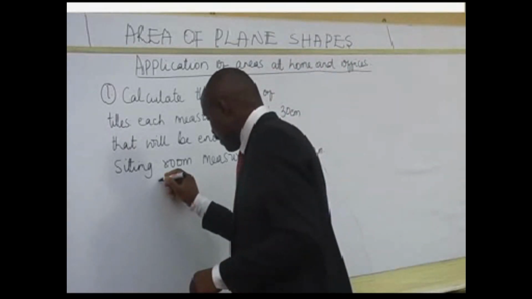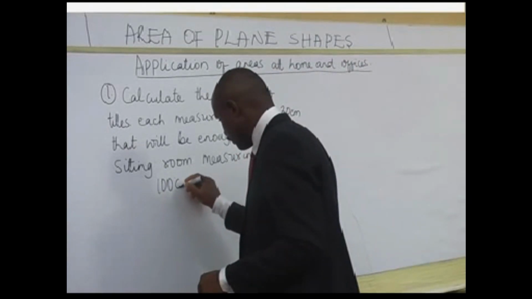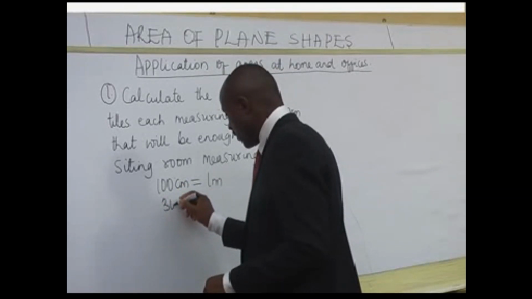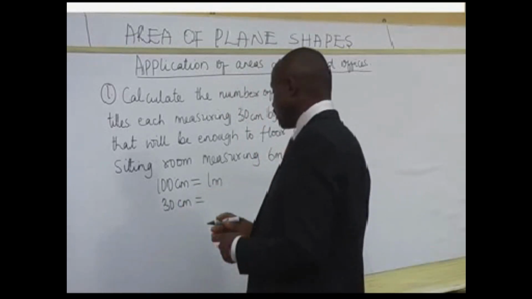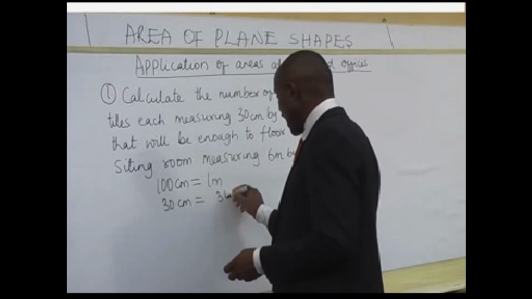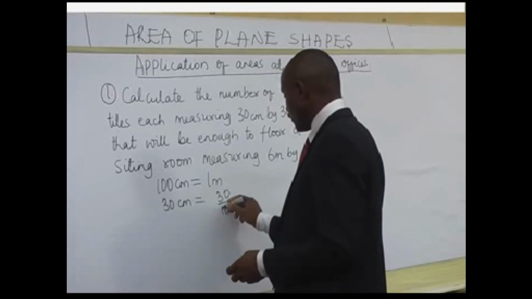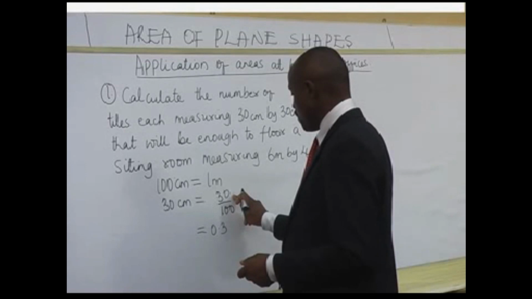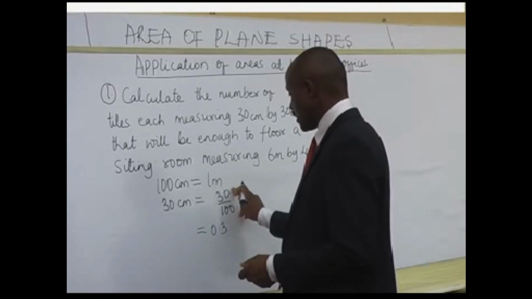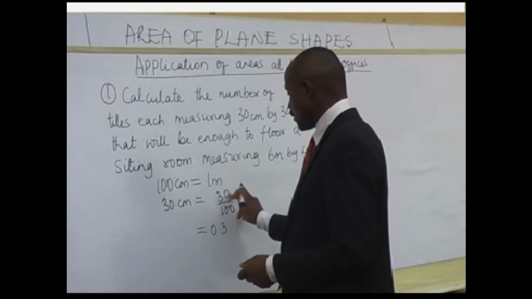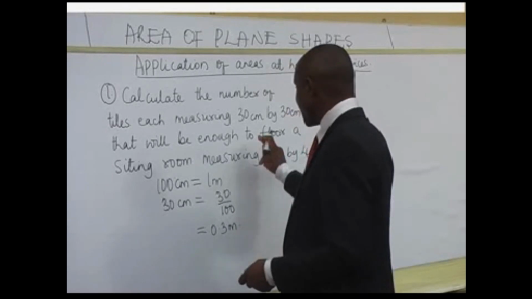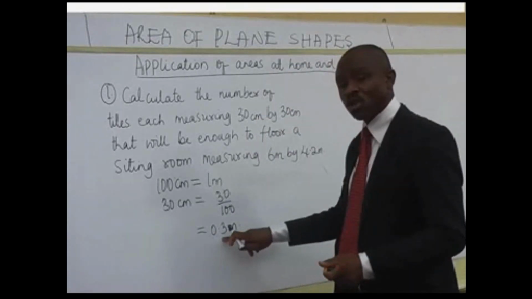Therefore, if 100 centimeters will give you 1 meter, that means 30 centimeters is going to be 30 divided by 100. And if you divide 30 by 100, you're going to have 0.3. Just move the full stop towards the left twice, across 0 and 3, because of the 2 zeros of 100.